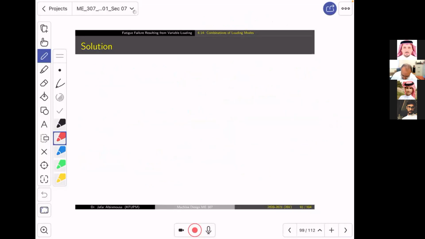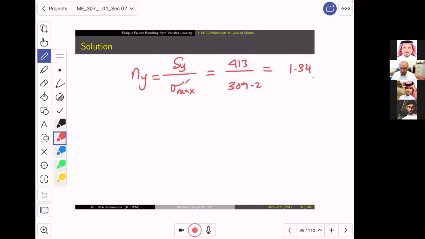Ny is equal to the yield stress divided by sigma maximum prime. Sigma maximum prime was 309.2. The yield stress given in the problem was 413. So I get 1.34. This is the factor of safety against yielding.